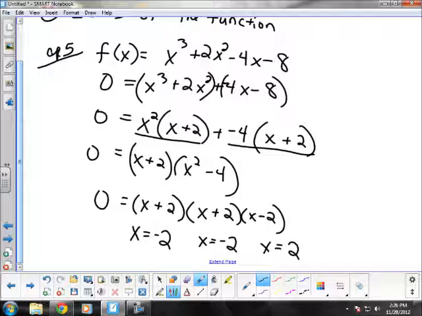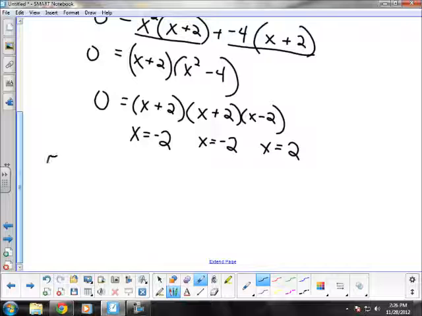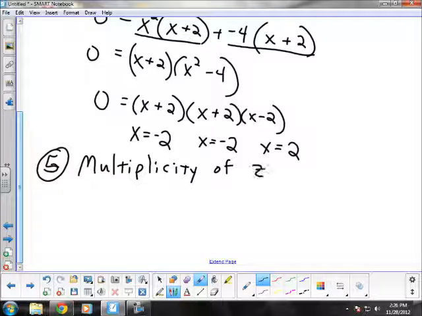Objective 5 deals with multiplicity of zeros. That actually means something to my graph. If a zero appears more than once, then it's got a multiplicity. So this one has multiplicity 2 because it's there twice. This one's got a multiplicity of 1 because it's just there once.